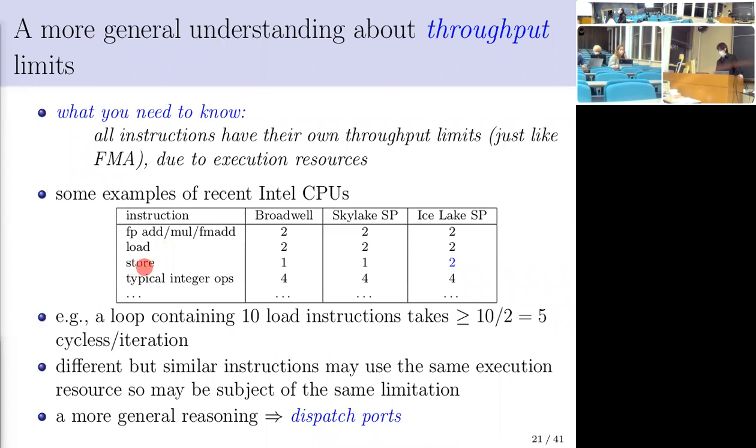The store limit used to be smaller, 1 per cycle, but in the most recent one the restriction is somewhat relaxed to 2 store instructions per cycle. And typical integer operations have a much higher throughput limit.